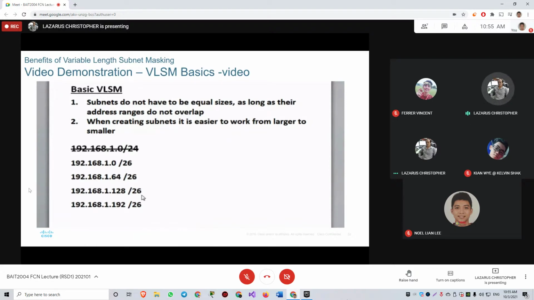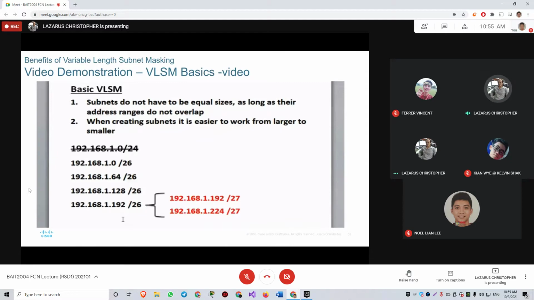With VLSM, or variable length subnet masks, I can decide that I want to change one of these subnets and further subdivide them into smaller subnets, as long as the address spaces that I create, or the subnets that I create, do not intrude into the other subnets. For instance, I could take this 192.168.1.192 subnet. The address range for this subnet goes from 192 all the way up to 255.